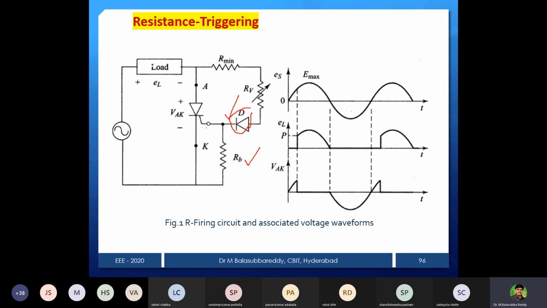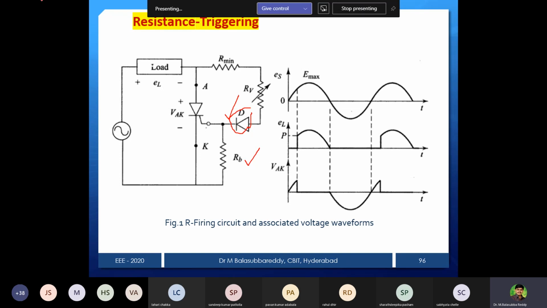And the other resistor I used is RB, a damping resistance. The voltage across that resistance should not go beyond the breakover voltage, or you can say VGT. There is another term, gate triggering voltage, that we call VGT.